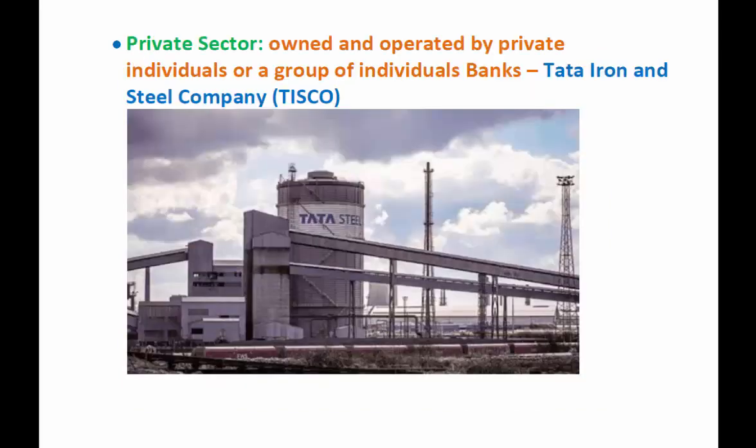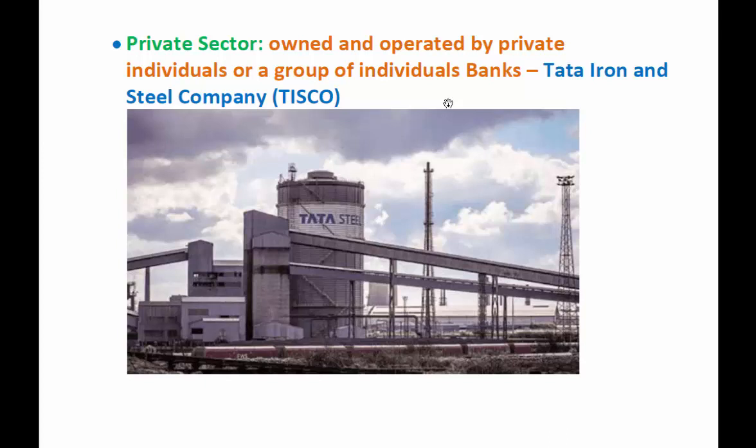The next one is private sector. Private sector industries are owned and operated by private individuals or a group of individuals. Okay. So even in some service sectors like banks, for example, you might have heard of HDFC Bank. Okay. And you might have heard of ICICI Bank.